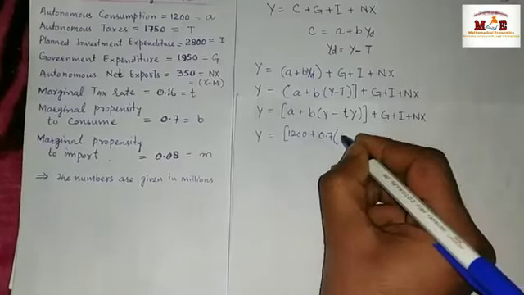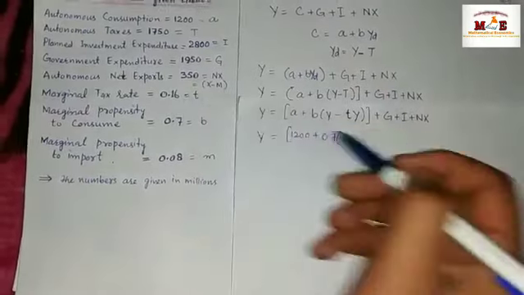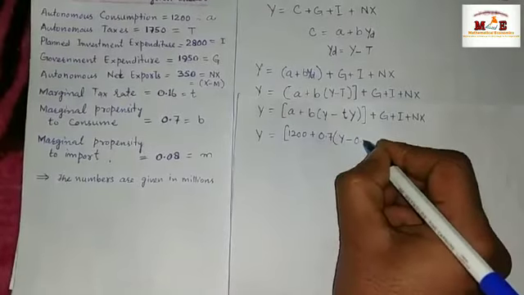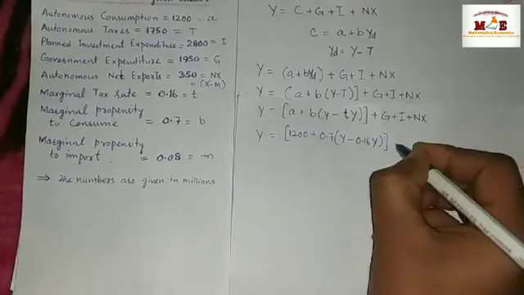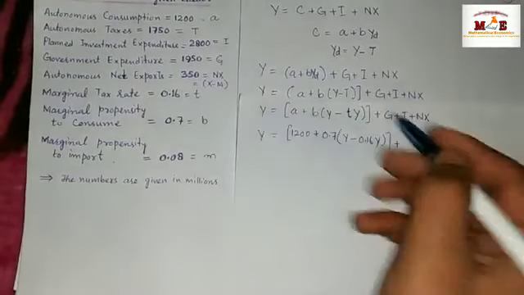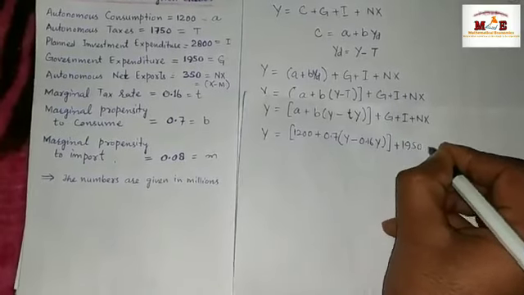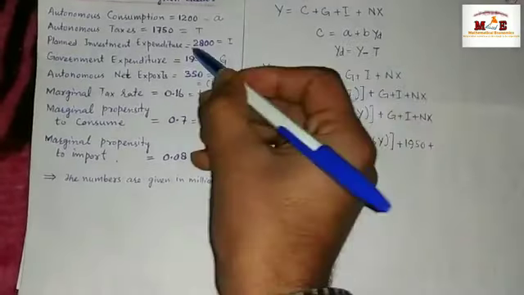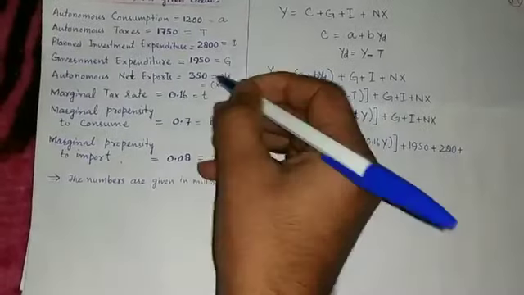The Y will remain as it is, Y minus t, the value of t is given as 0.16, and Y, plus G, the value of G equals 1950, plus the value of I, which is given as 2800, plus NX, which is given as 350.